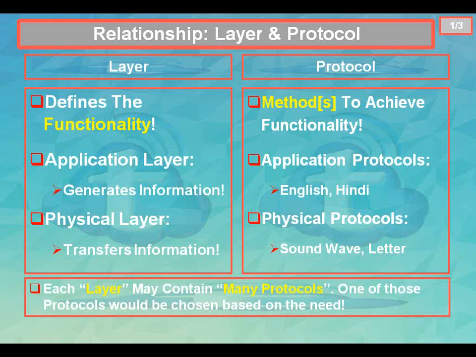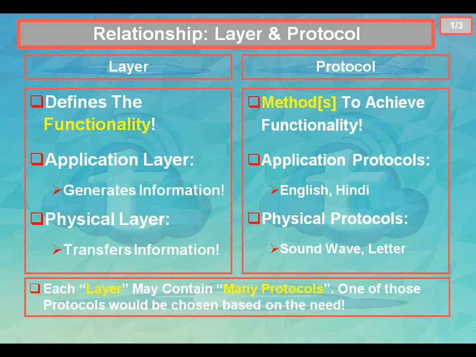Okay, great. Is this clear so far? You understood what is the meaning of differences between layer and protocol? Okay. Where is actual functionality implemented? In protocol or in layer? Layer is very abstract. It never implements anything.